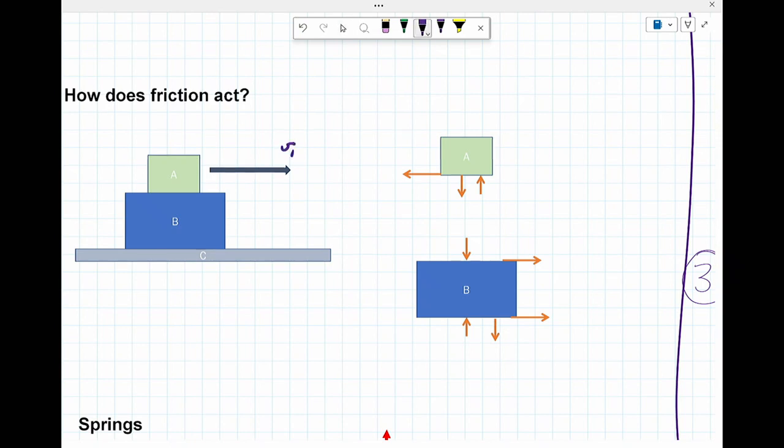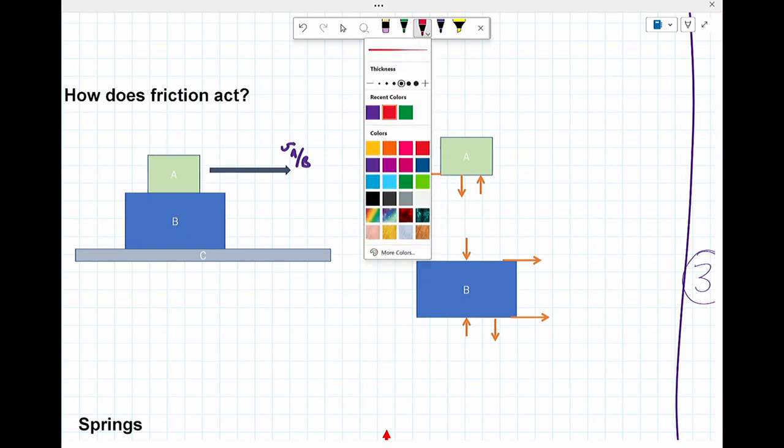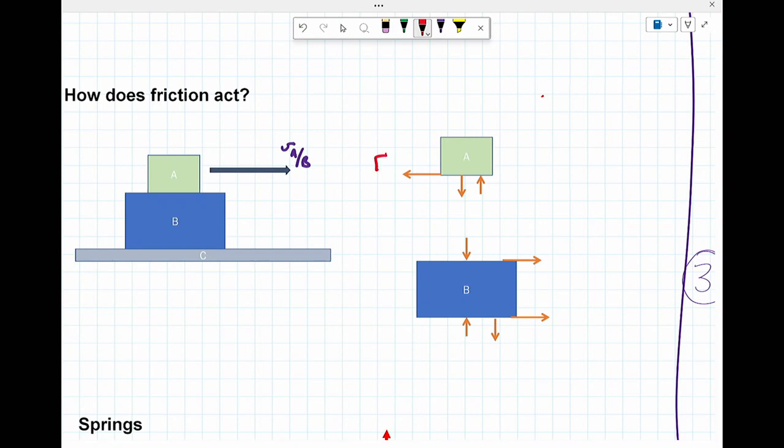So the velocity of A relative to B, and hey, that relative velocity stuff is coming back now, is defined as the motion of A on B. If I look at A, I'm going to do something a little bit weird.